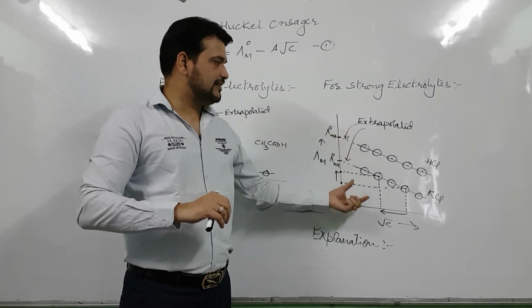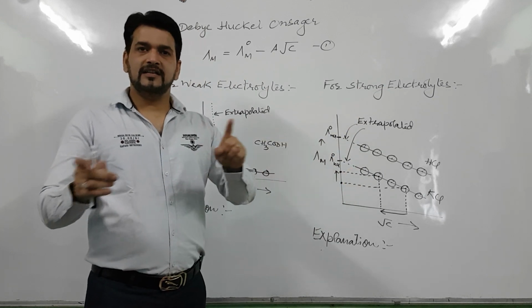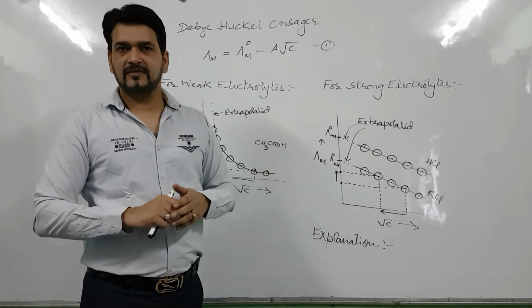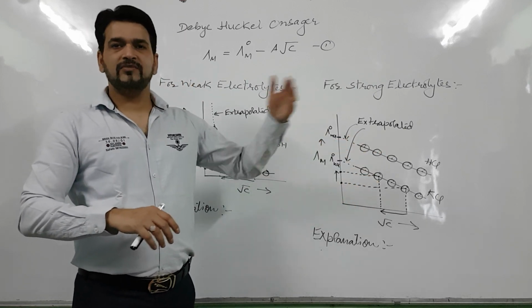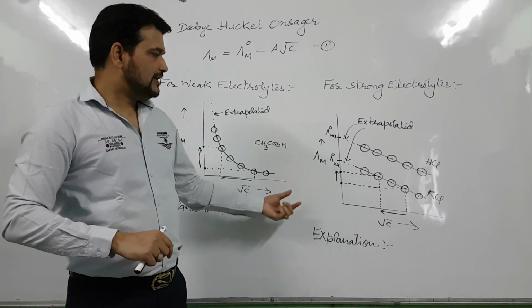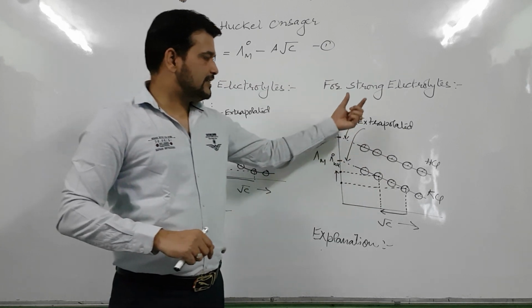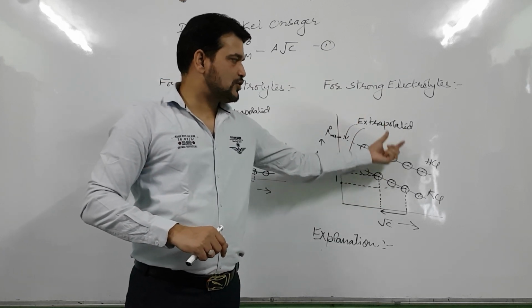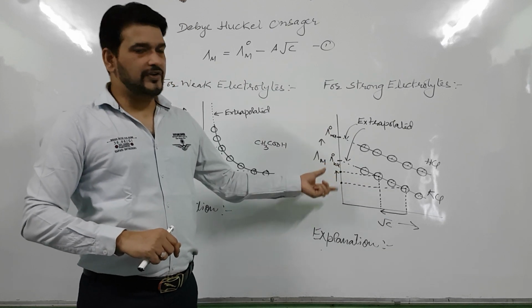As the interaction between the ions decreases, their mobility increases, and when the mobility of the ions increases, obviously the molar conductance increases. So this was the explanation why the molar conductance of strong electrolytes increases with dilution.